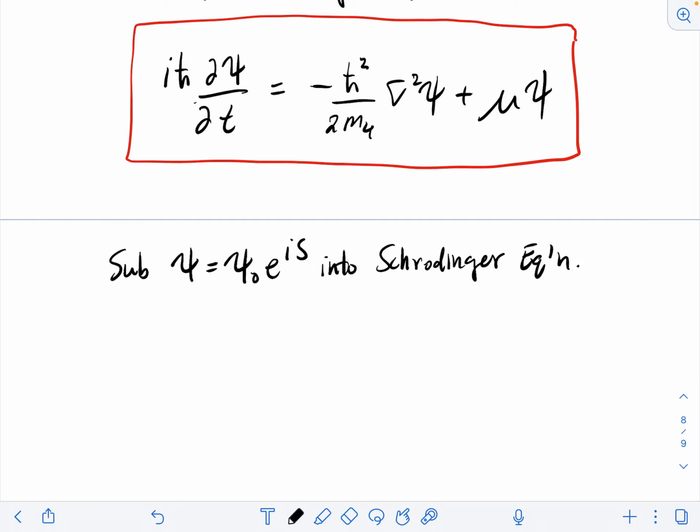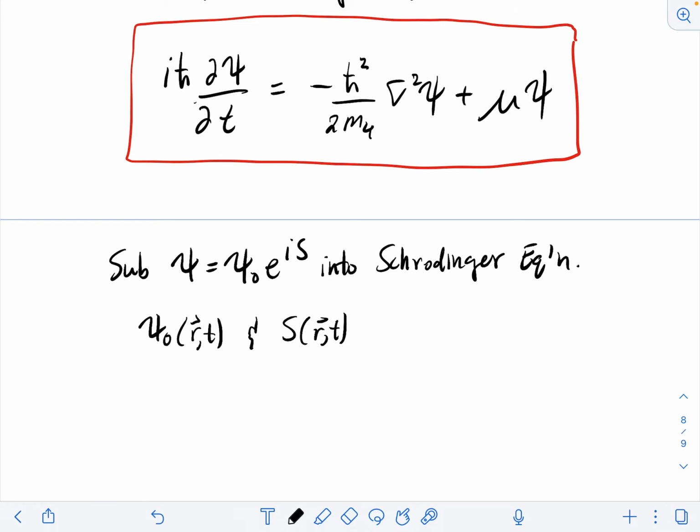And we're going to allow that the amplitude of the wave function is a function of r and t, and the phase of the wave function is also a function of r and t.